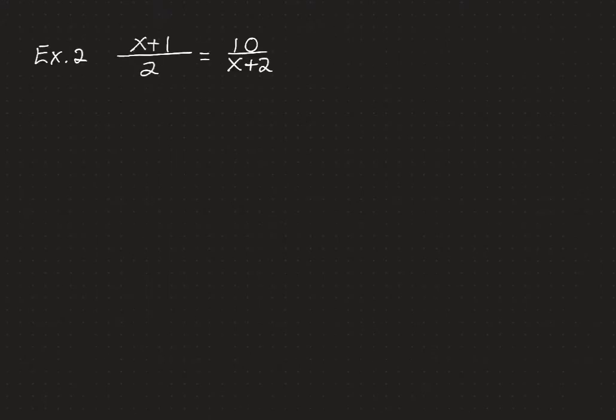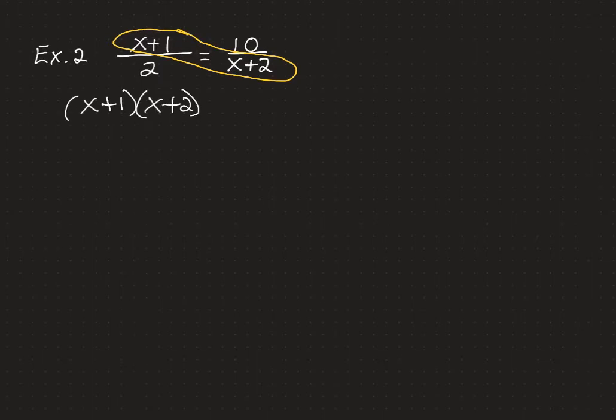Now this problem is a much better use of cross multiplication because I have an x here and an x here. So I'm going to multiply those. That's going to give me x plus 1 times x plus 2. Those are binomials, each of them, a binomial times a binomial, and on the other side of the equal sign, I will have 20.